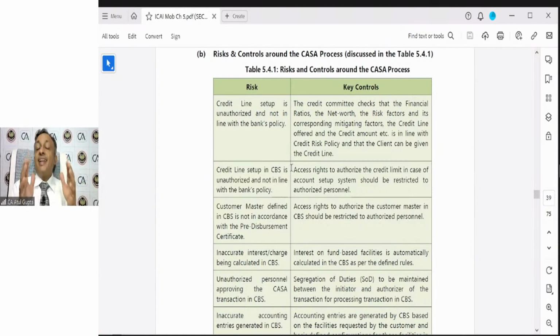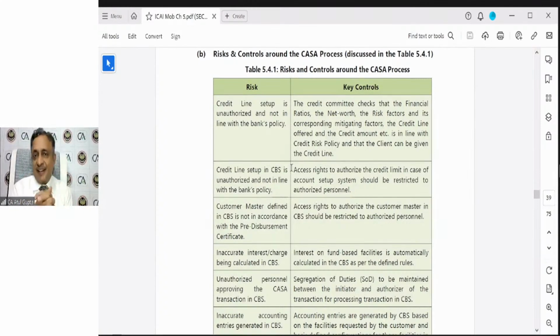Based on the analysis of the customer, the banker wants to give some facilities to you. Those facilities can be like a credit line, in terms of the value of transactions you can do.